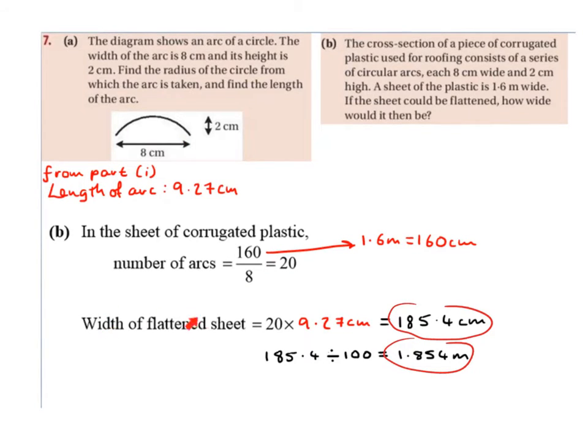So the width of the flattened sheet will be 20 multiplied by 9.27 centimeters, which gives us 185.4 centimeters. And if you want to change it into meters, just divide by 100 to get 1.854 meters. So the sheet of plastic, if it was flattened, it would be 1.854 meters.